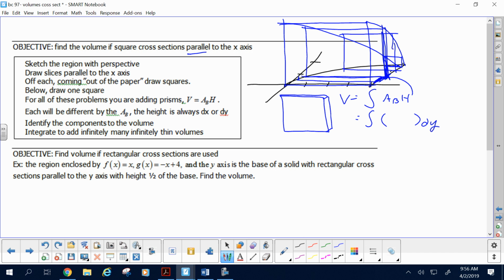Now, the side here is going to be a little more complicated. It's tempting to say, oh, the side's the curve again. Not so much. Think right minus left. Actually, let me go slower. The area of the base is still a square, yeah? So the area of the base is side squared. Cool? All right.